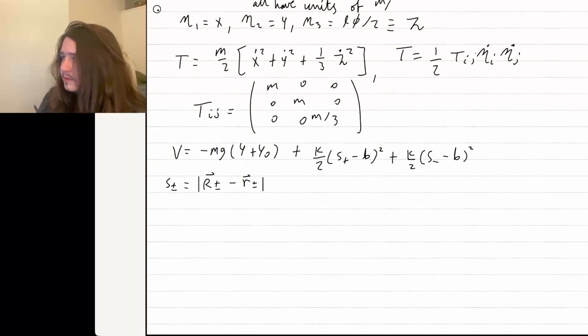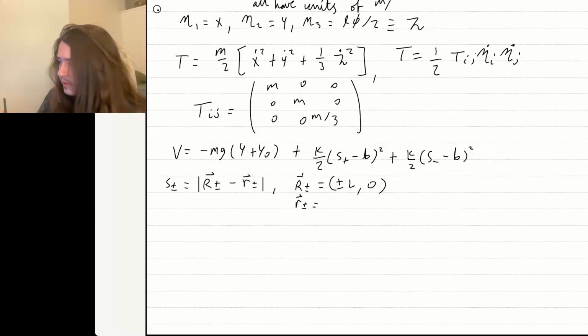Now the anchor points in our coordinate system, we actually know where they are. They're at plus and minus L on the x-axis and 0 on the y-axis, whereas the spring points on the rod are at more complicated locations.